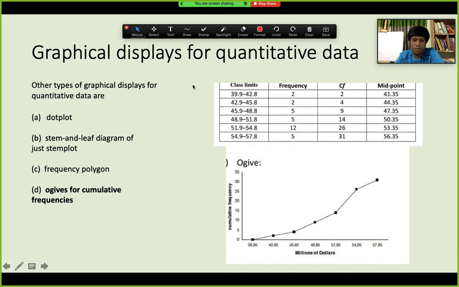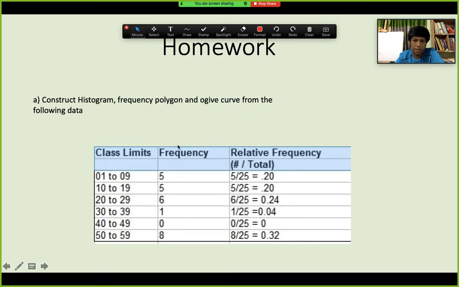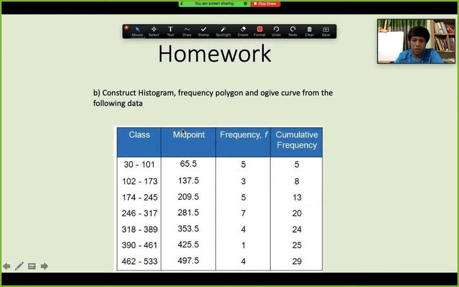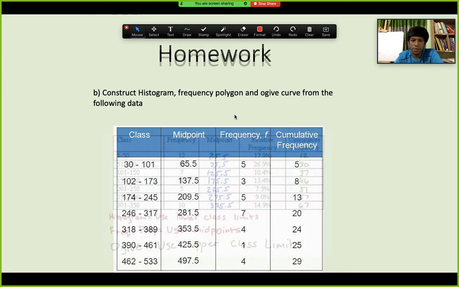Now, this is actually the last slide, and these are the exercises. Try to construct a histogram, frequency polygon, and ogive curve from this data. But we can also discuss them in our class time. This is another chart for doing all these: histogram, frequency polygon, and ogive curve.